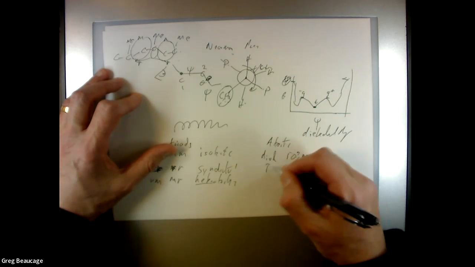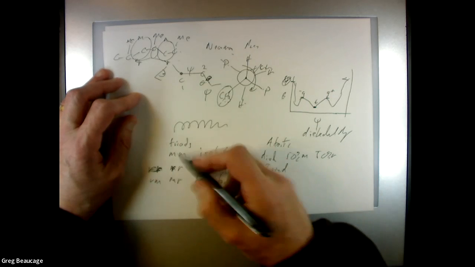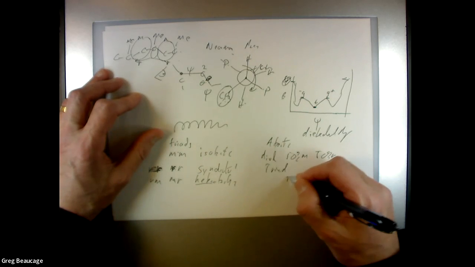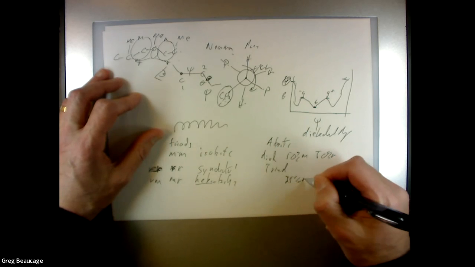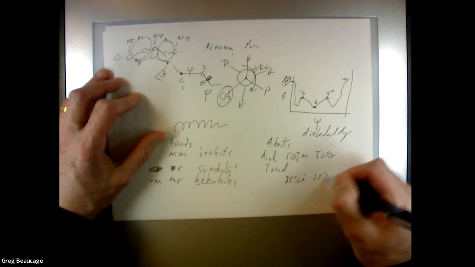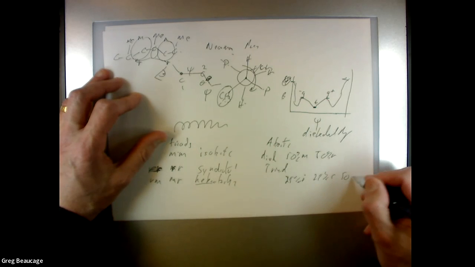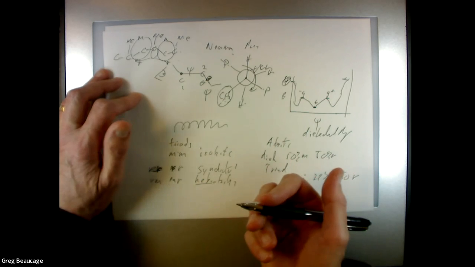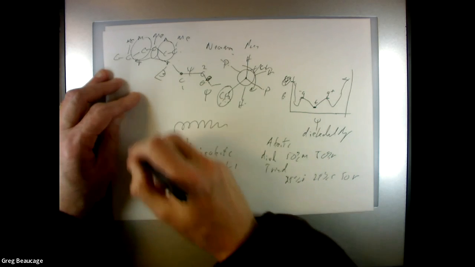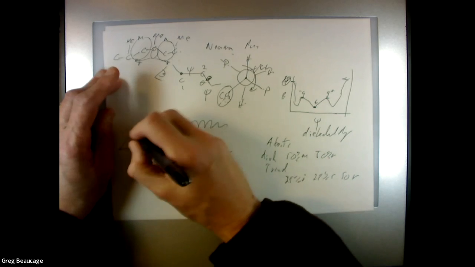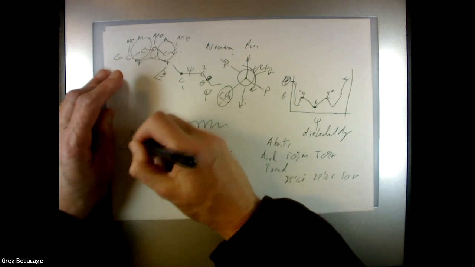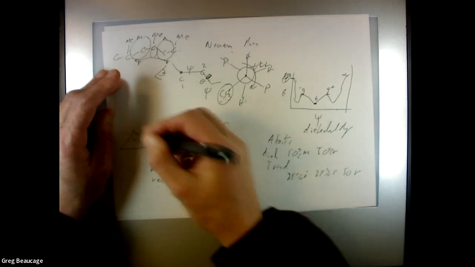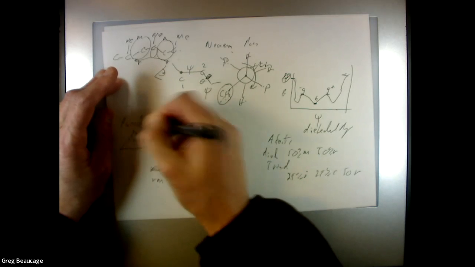For triads, it's going to be one MM, one RR, so 25% iso, 25% syndio, and 50% hetero, because it can be in two different ways. So this becomes like one of those triangle things, 1, 2, 1. Pascal's triangle, yeah. My brain is fried.